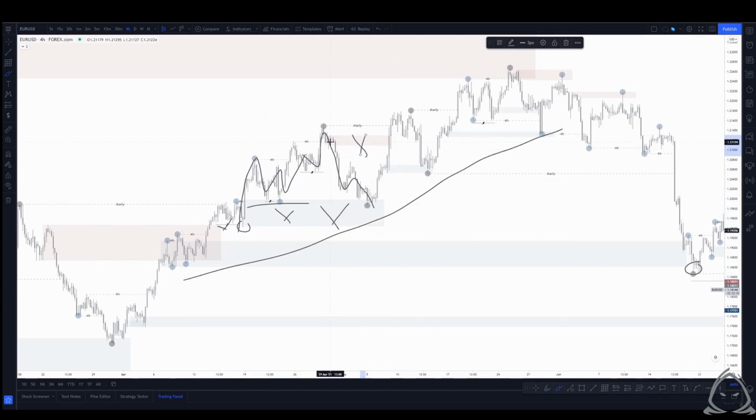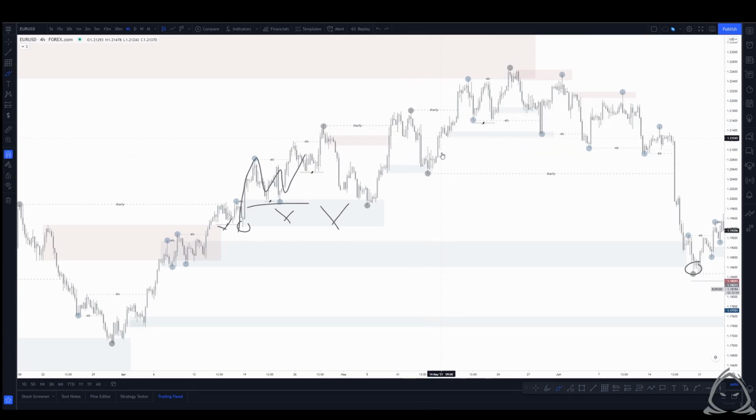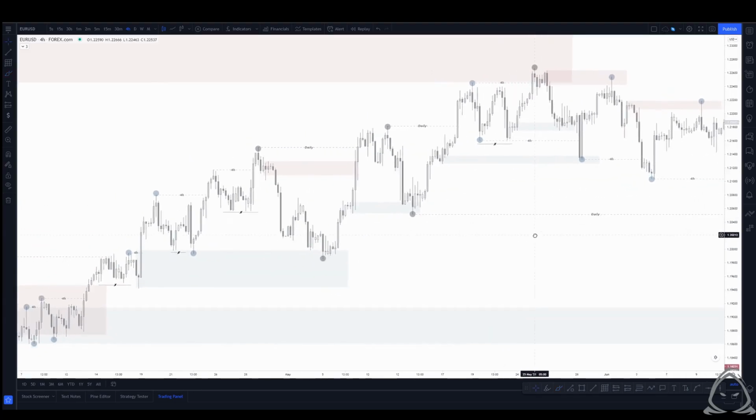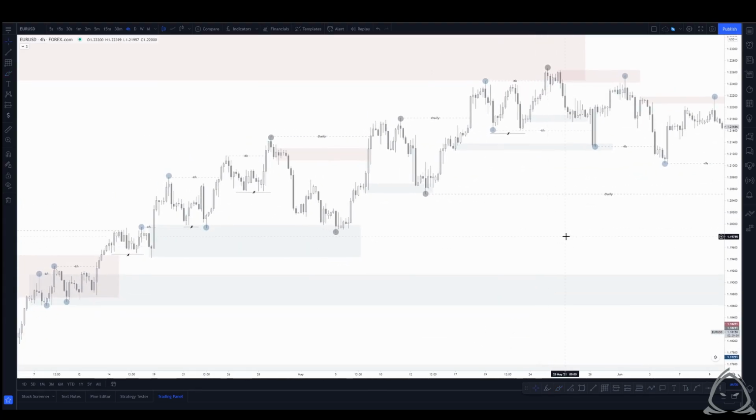We build a liquidity pool here. What ends up happening? We fill that liquidity pool. Another liquidity pool. Because before the structure is created, we just have this big empty space. We also have trendline liquidity here as well. Getting a little messy and a little all over the place. But liquidity is just present everywhere, and it's such an important concept.